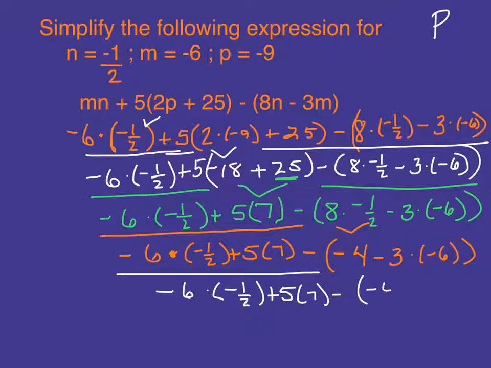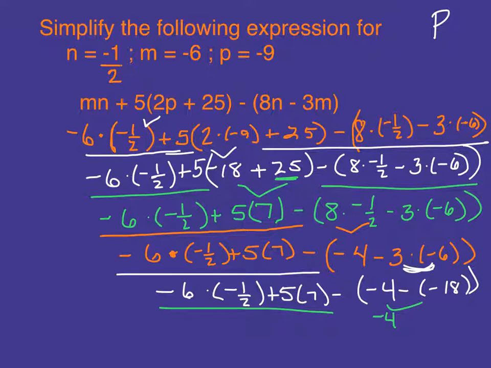Okay, so here we are. We've got negative 4 minus, and then I've got 3 times negative 6, which is negative 18. And I still do need to work inside these parentheses right here. This is not what I'm doing. And I don't want to forget that I've got to do the cha-cha-cha here.